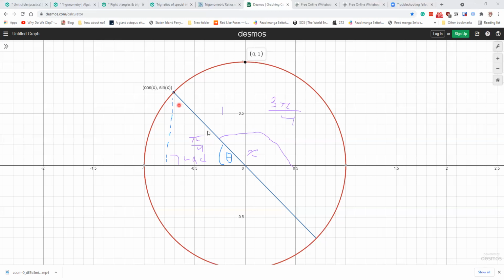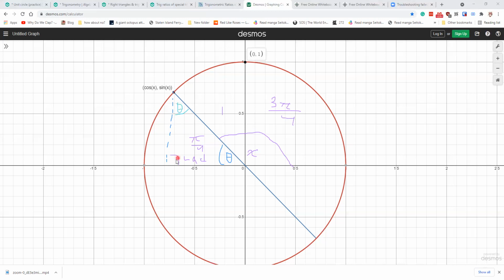Well, the sum of this angle and this angle must be equal to 180 minus 90 degrees, and so 45 degrees plus this angle must be equal to 90 degrees. Therefore, this angle is equal to 45 degrees as well, and so the two angles are equal. So these two angles are the same.